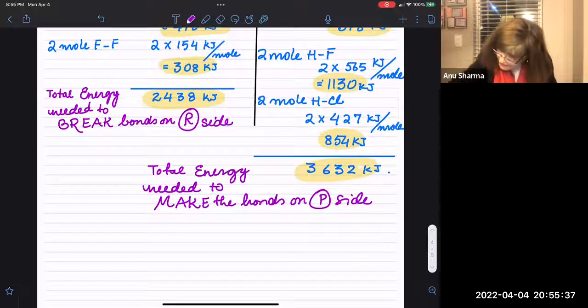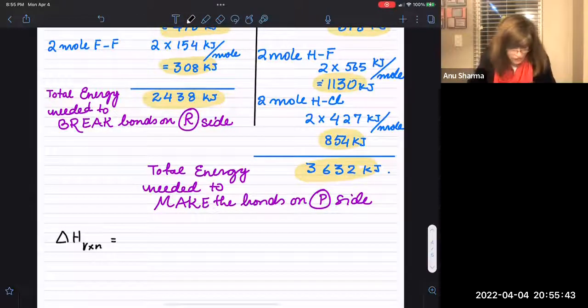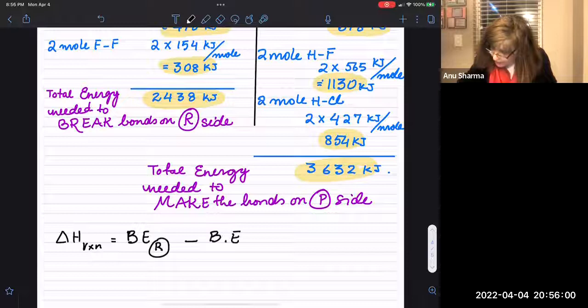So delta H for this reaction is equal to the bond energy of the reactants minus the bond energies of the products.